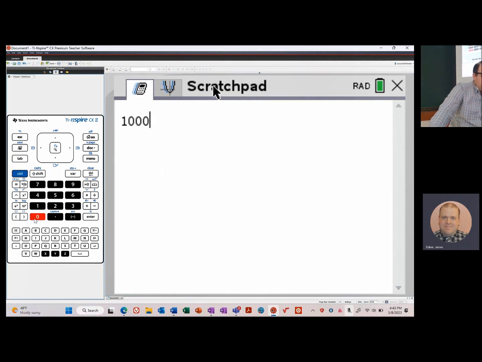We're going to go 1,000 times 1.05 raised to the 7th power.